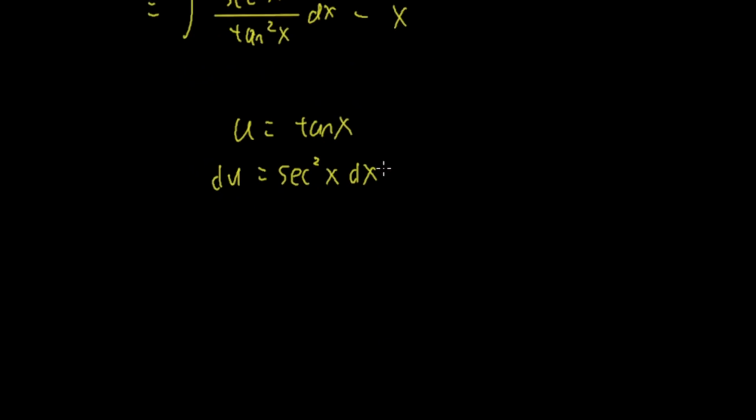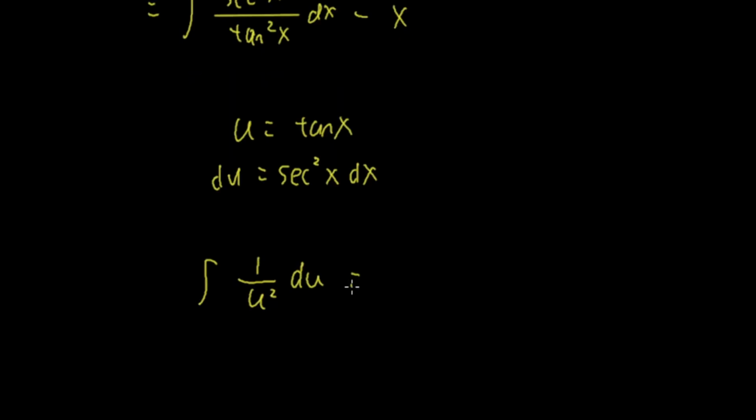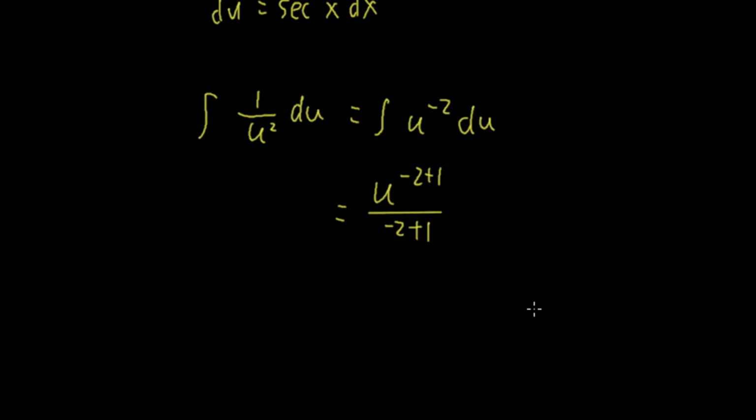So I'm integrating 1 over u squared du. And that's the same as the integral of u to the power of negative 2 du. Add 1 to the power and divide by the new power, and that would be negative 1 over u.